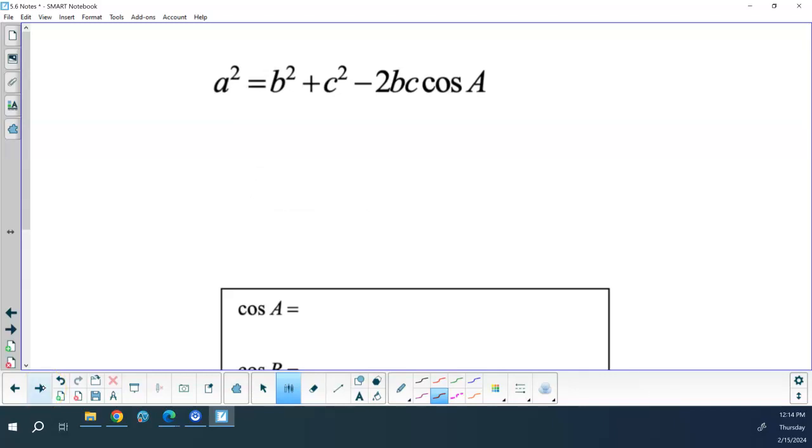Then, now if we're in a side case, we've got to find an angle. And so what happens here is we've got to do a little bit of algebra first. Our first step is we're going to subtract off b squared from both sides, and subtract off c squared from both sides.